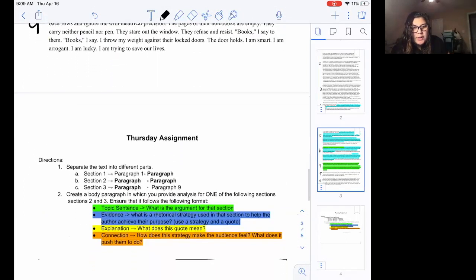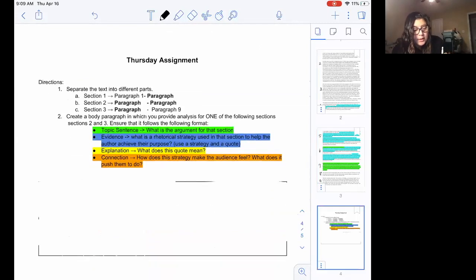What your job is, you're going to divide them up. So which sections go together, which sections have a similar topic or a similar argument, and there should be 3 sections total. And then once you've done that, you're going to provide analysis for one.